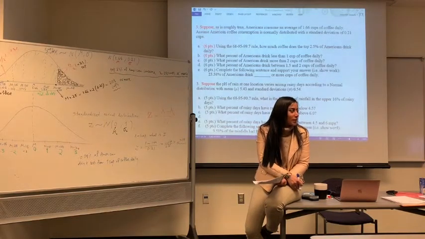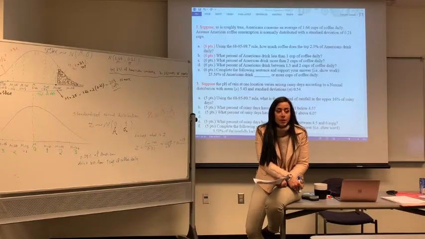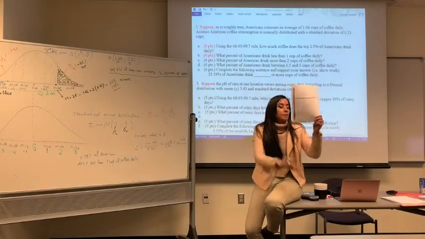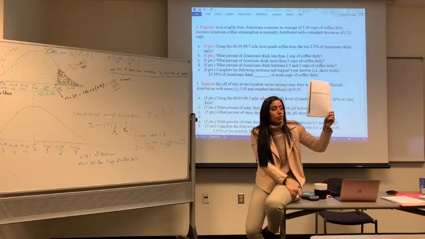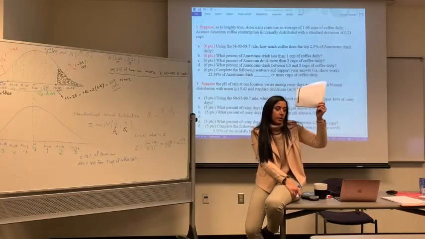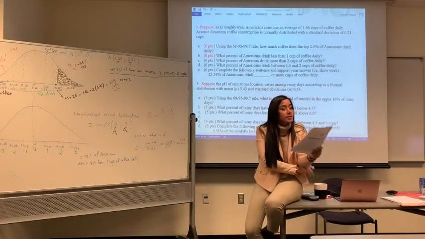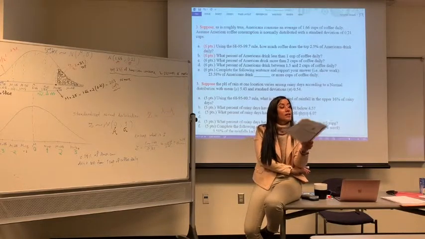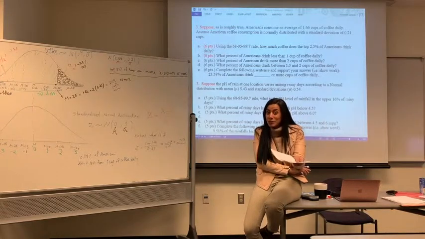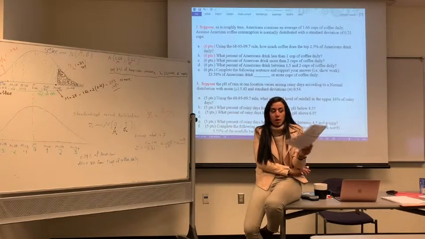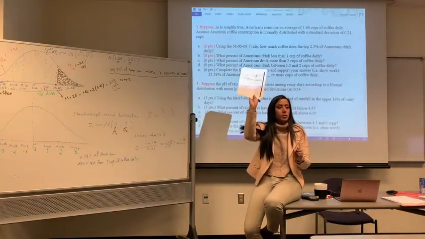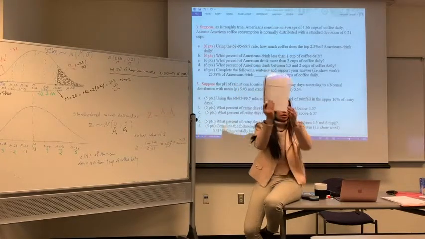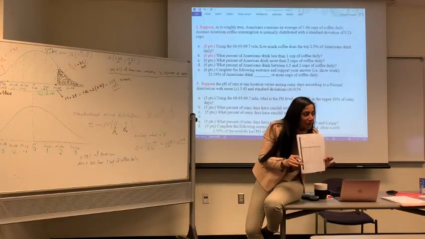Clear? Yeah. Okay, good. So now, look at the picture on this first page, top part. The picture shows what area exactly this table gives us. The area this table gives us is always on the left side of the z value. Always. Either this table or this table. Both pictures show the area to the left side of the z value. So the first page has a smaller area. Why?